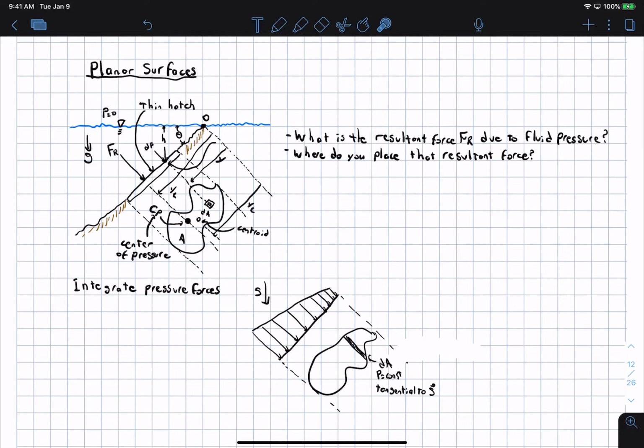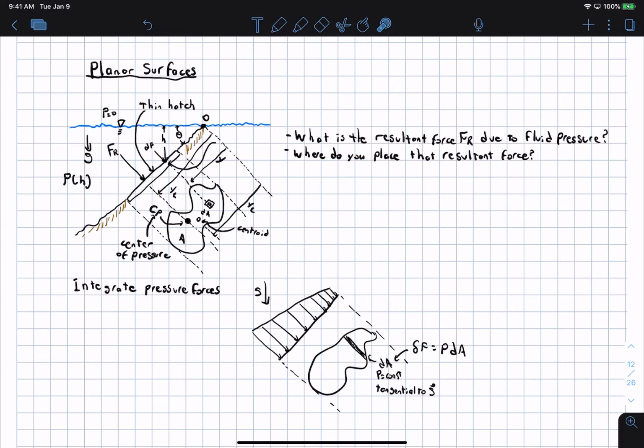So what we have to do here is, and we know the distribution of this pressure because we know that the pressure in this water is just a function of the depth h. Okay? And so basically all we need to do to find the net force, or the resultant force I should say, is find the amount of force in the small differential patch of area dA.